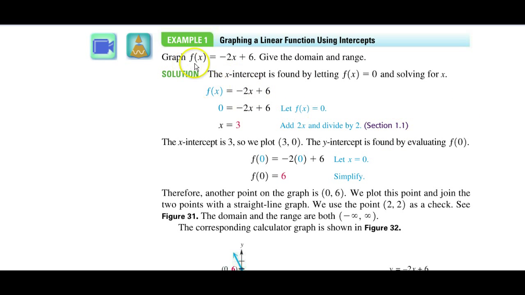So what they want us to do here is to find the domain and the range. And again, we did some of this before of this particular function. So we're going to change the function to y. We're going to go negative 2x plus 6.